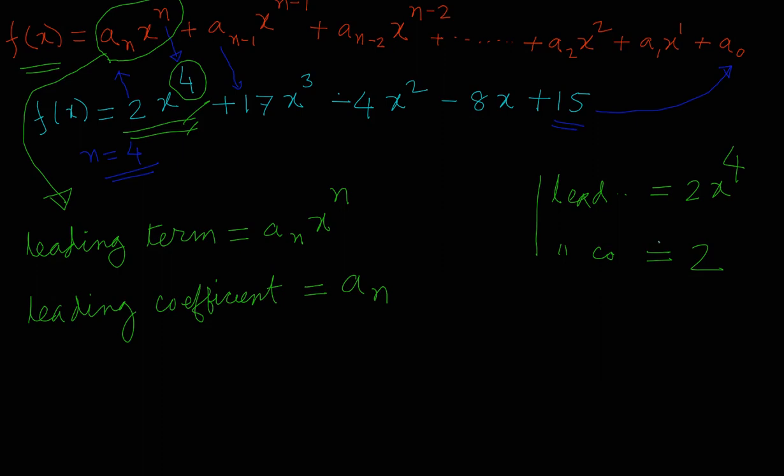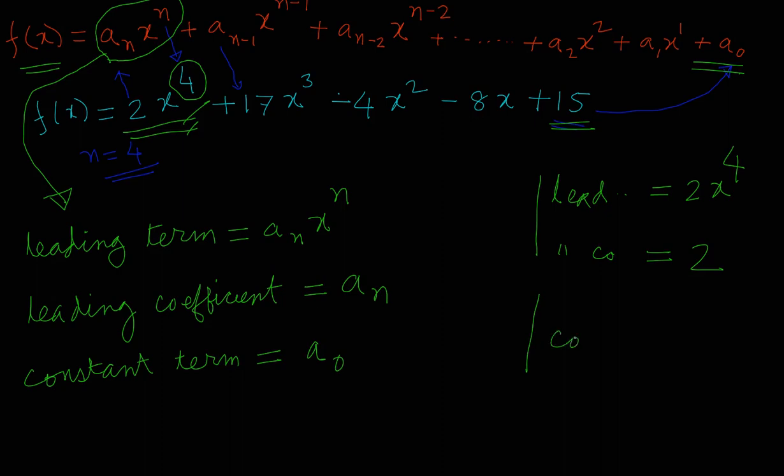And the constant term of that function is a naught. Okay, so the constant term is a naught, and for my example function my constant term is 15.